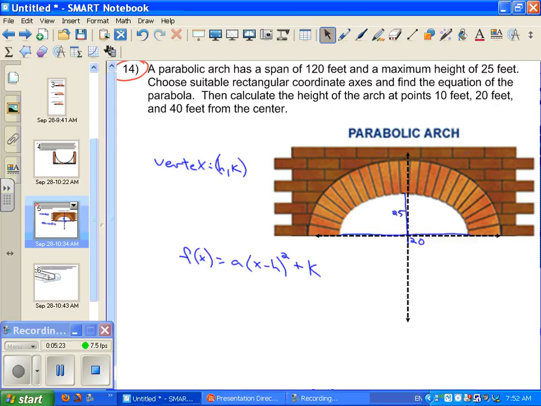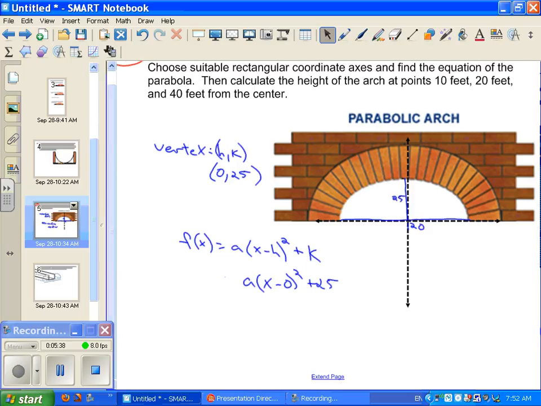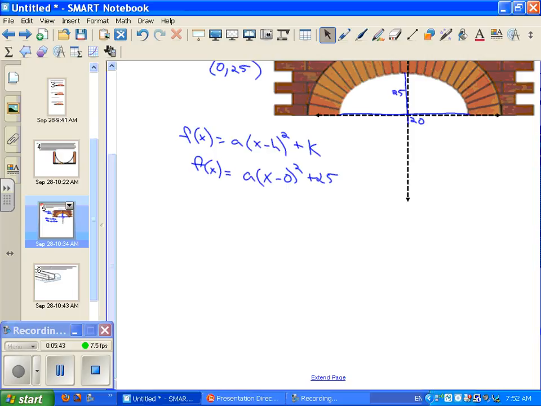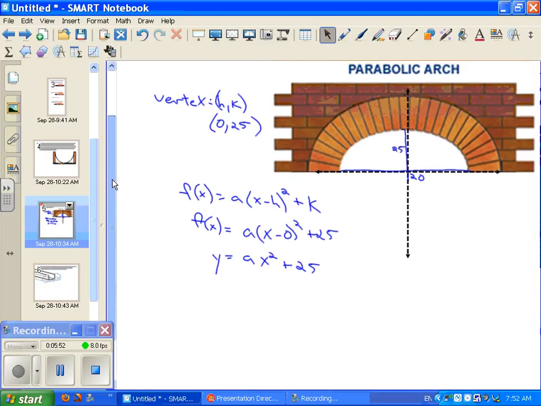How far over on my axis? 0. How far up? 25. So that's what I've got so far. So I've got a times x minus 0 squared plus 25. In other words, y equals a times x squared plus 25. Now, I need to figure out what a is going to be, so I would need some point on my parabola.